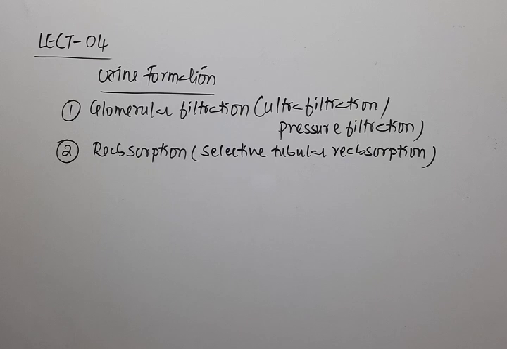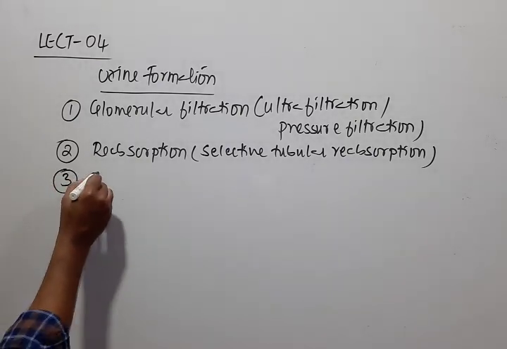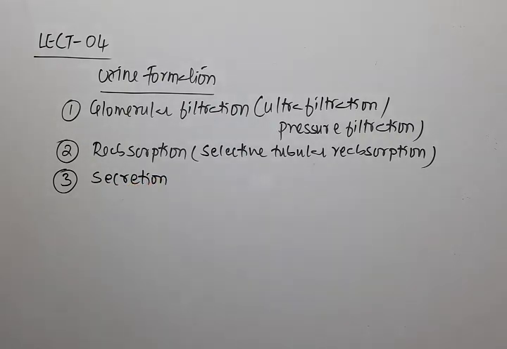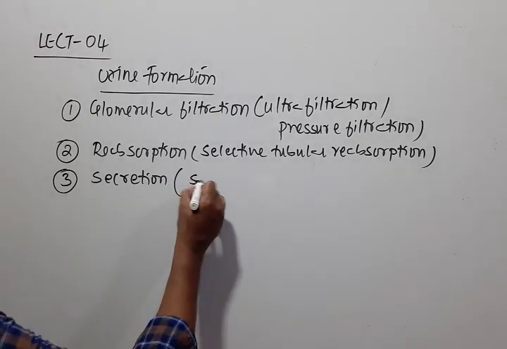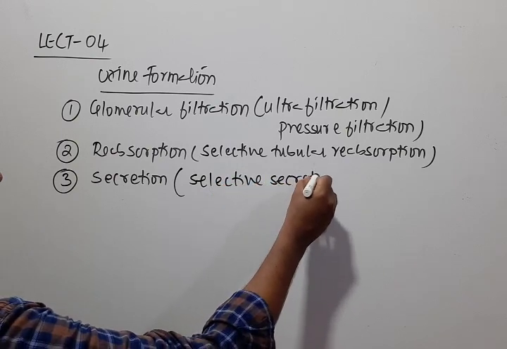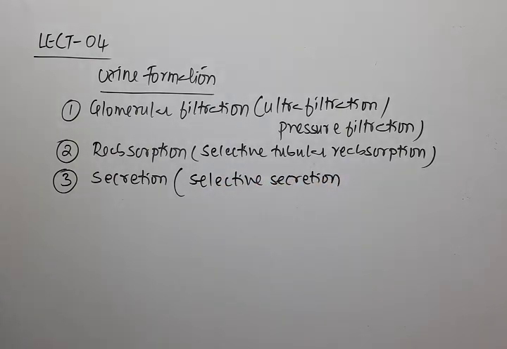And then there will be secretion: elimination of some substances from the walls of the tubules, and this is also called selective secretion. I hope you have understood what selective secretion means.